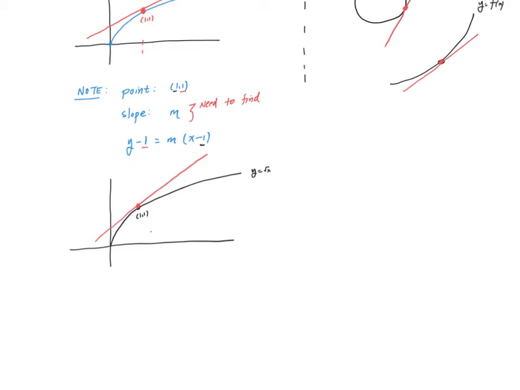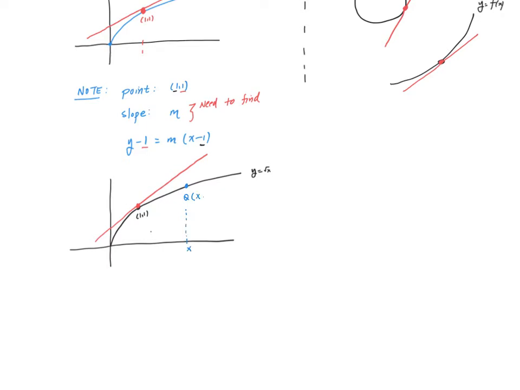Now, even though we can't directly compute this slope in one step, what we can do is hopefully approximate it as closely as we would like. So if we were to pick another point on this curve, let's go ahead and call this point Q, and we'll think that it corresponds to some input x.